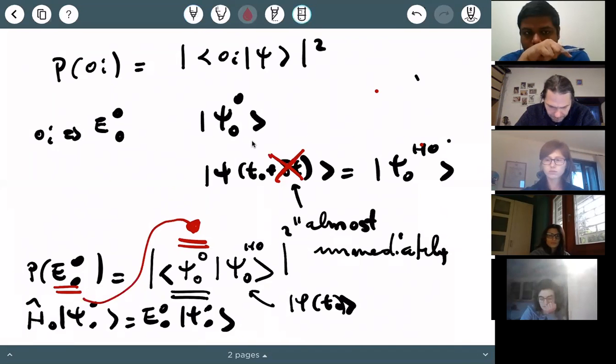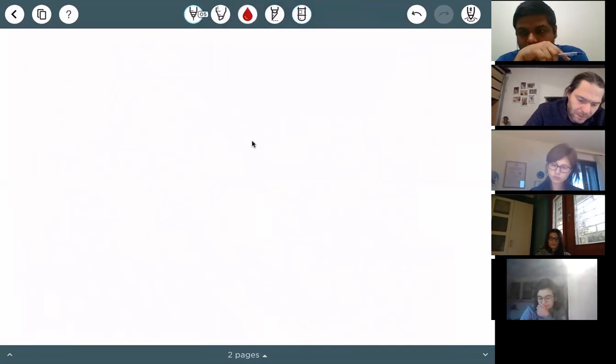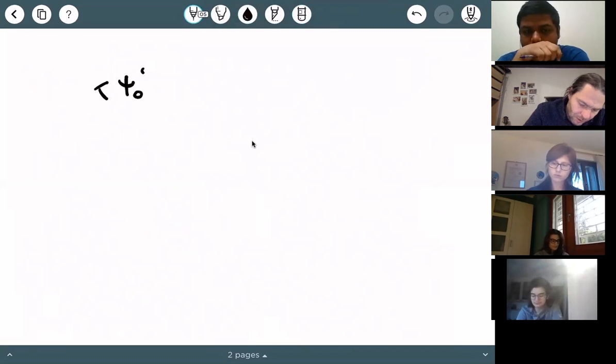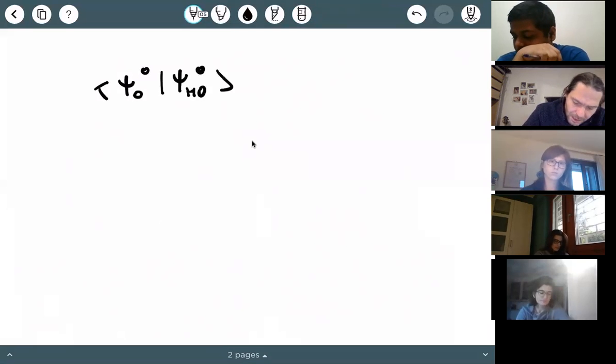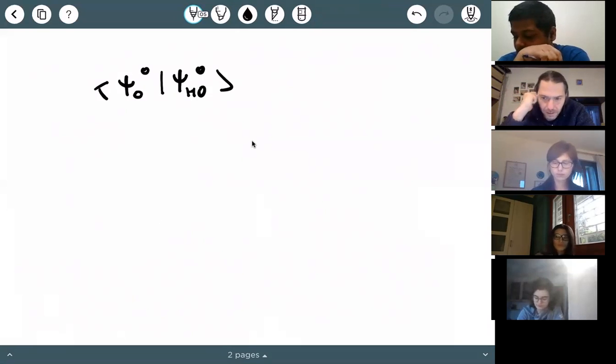So all we have agreed on is that to get this probability, I need to compute the overlap, technically speaking, it's called the overlap, between the ground state of the box and the ground state of the harmonic oscillator, and then take the square modulus of the result.